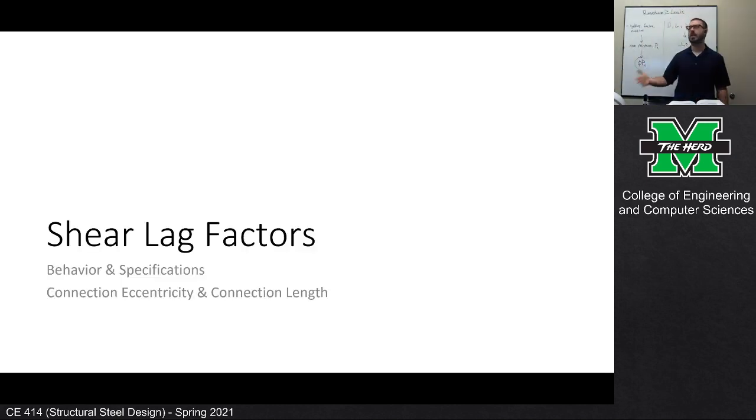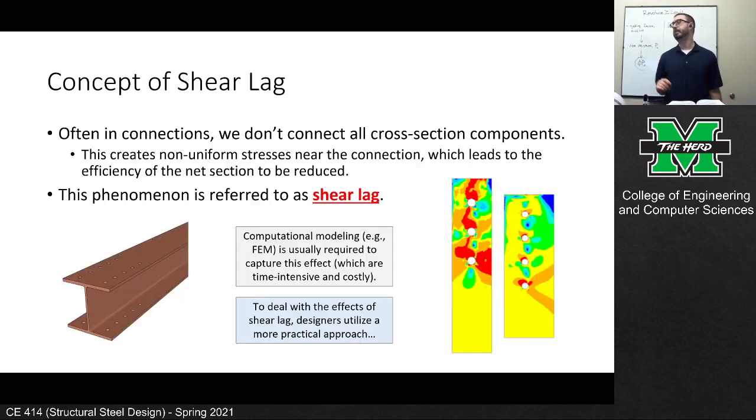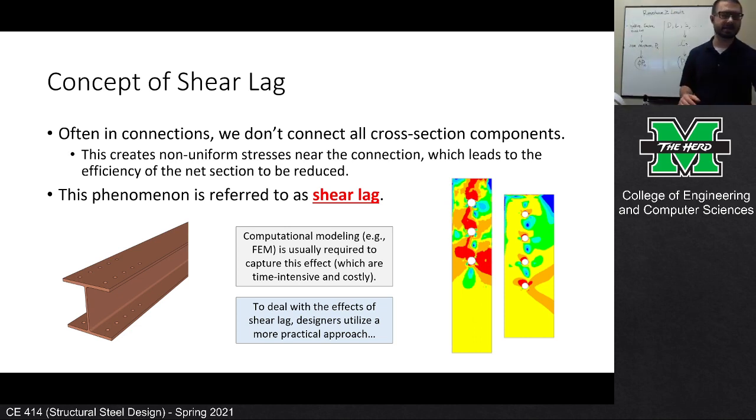What is different about the net section that we don't need to account for in the gross section? The difference is this. Very often, when we actually construct a tension member, we don't connect all of the cross-section components. Let's take a look at this I-beam, or this W section over here on the bottom.